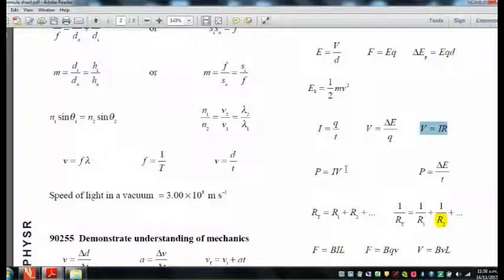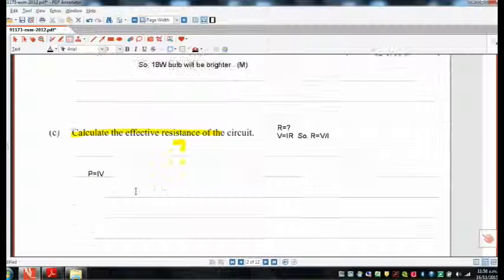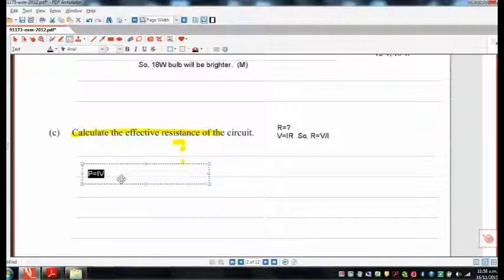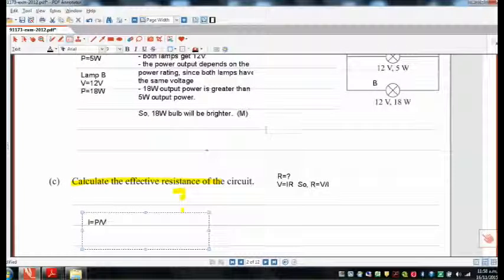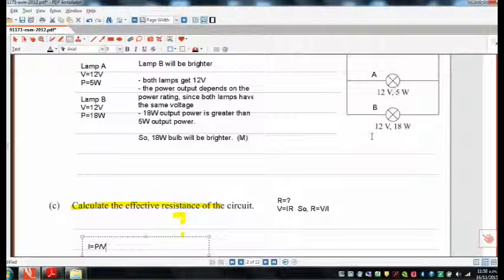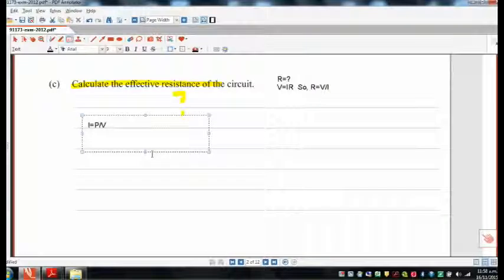And that's really the key to solving this problem, because we can go ahead and rearrange this for current equals power over voltage. And if you take a look, we've got power and voltage for both lamps, so we can solve the current for both lamps.